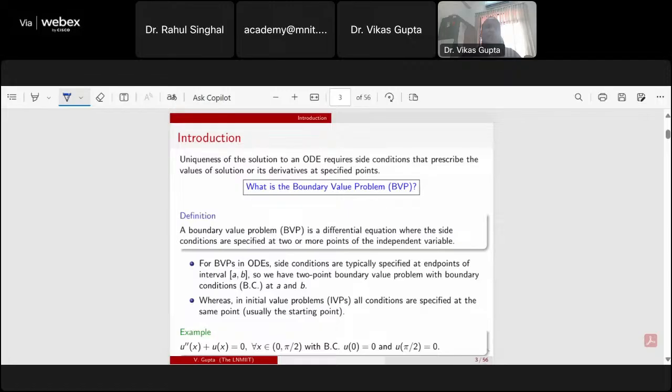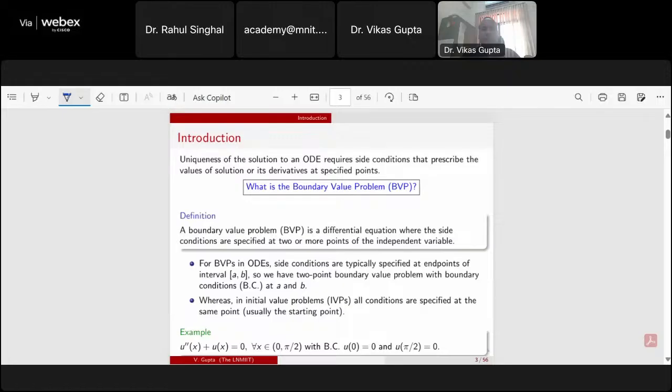A boundary value problem is a differential equation where the side conditions are specified at two or more points of the independent variable, whereas an initial value problem has all conditions specified at the same point. Generally that point is a starting point in the initial value problem.